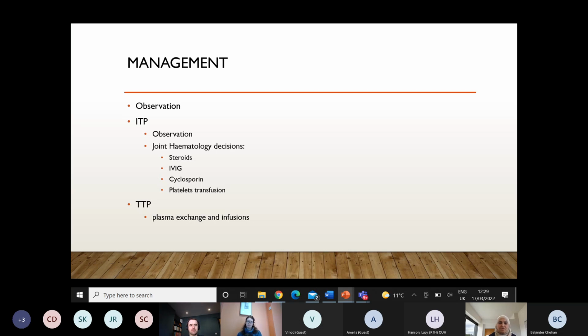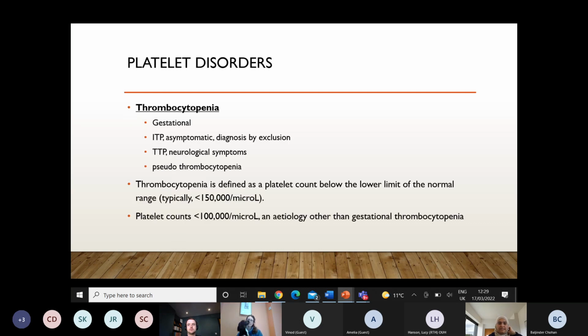There is one other rare condition worth mentioning, because it is more commonly seen or presented in pregnancy: thrombotic thrombocytopenic purpura. It has a pretty similar picture, but it has symptoms because of thrombotic events. Mostly it presents along with neurological symptoms, so it is important to involve hematologists early.